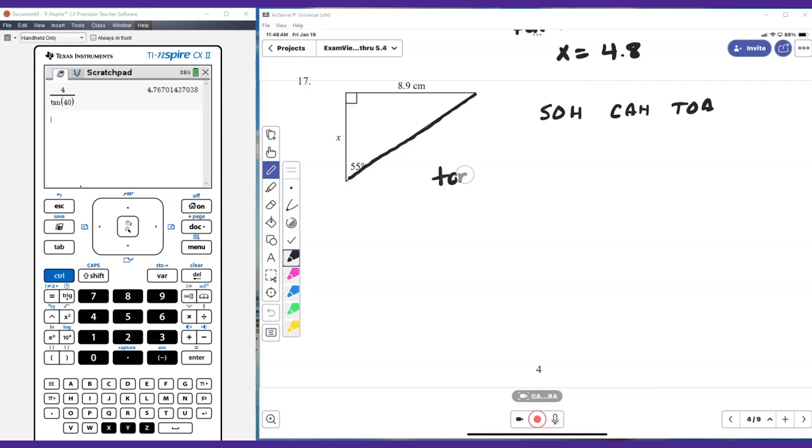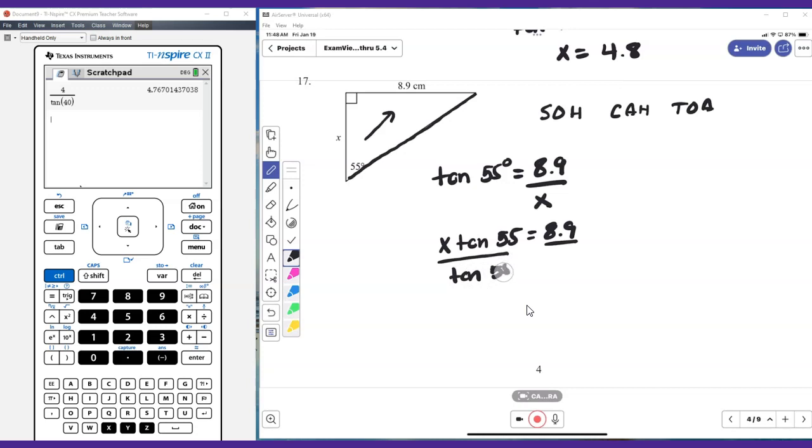You're going to write tangent of 55 is equal to the opposite, in this case 8.9, divided by the adjacent, x. So now you cross multiply, so you have x times the tangent of 55 equals 8.9, and then you divide by the tangent of 55.